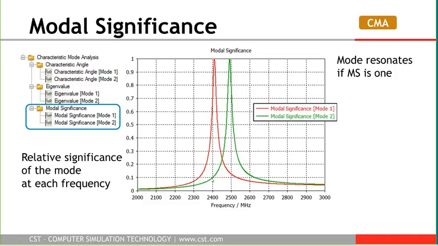So here we see that the first mode is most significant at 2.4 GHz, while the second mode is most significant at 2.5 GHz. And again, we can find the resonant frequency. The resonance is when modal significance equals 1. So again, we can find from this graph the resonant frequencies.